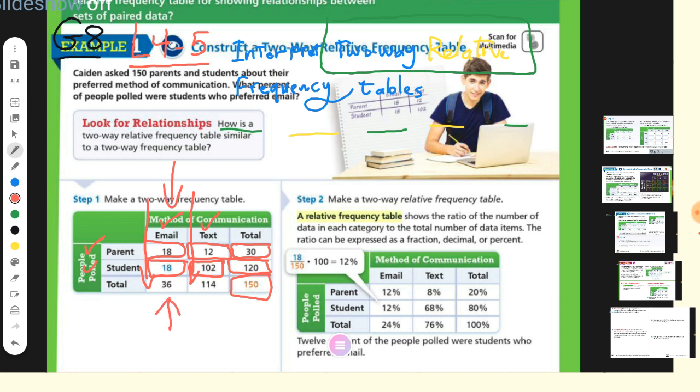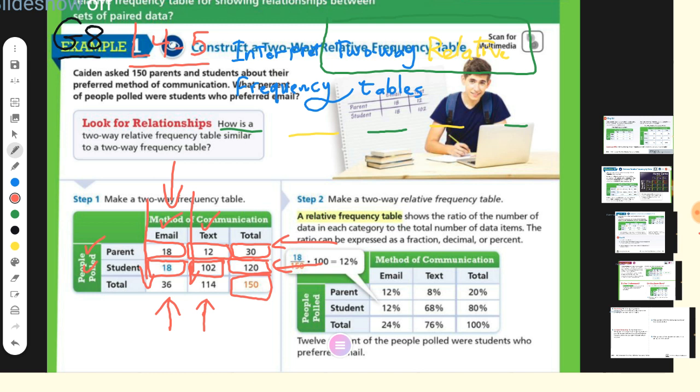It is how many of the population like the emailing method. Yes, it's 38. How many of the whole population like text messages? It's 114. And the total by row is 30, the number of all parents, and 120 is the number of all students. This is how to make the totals for rows and columns.